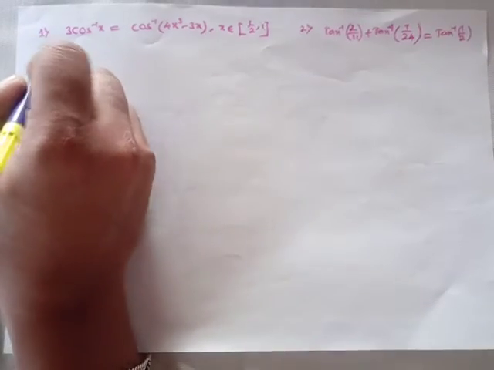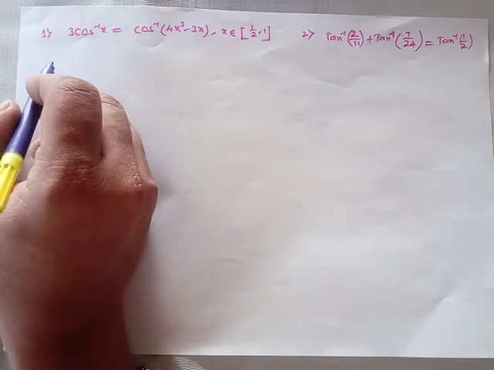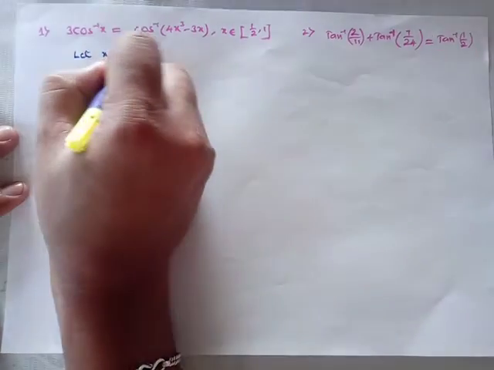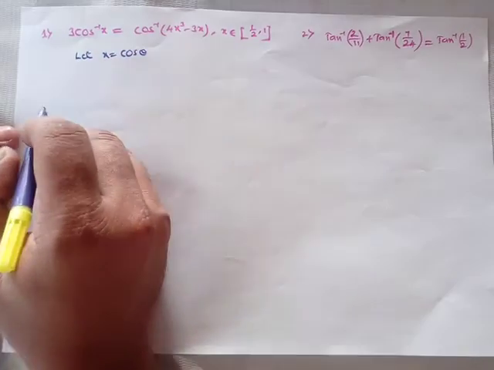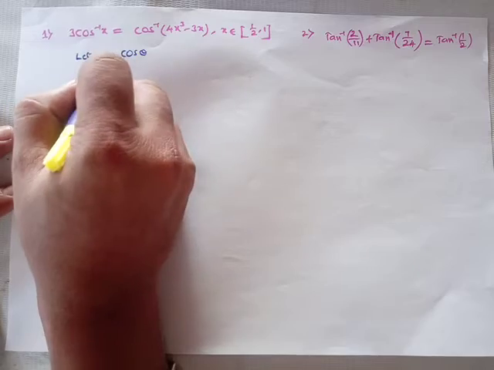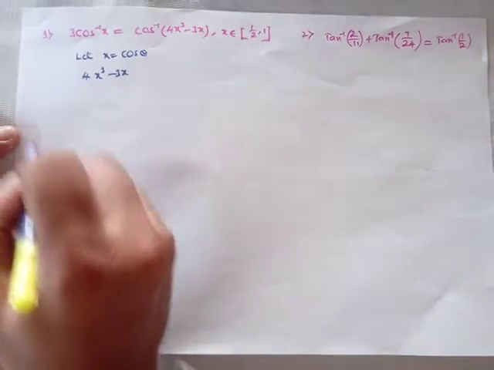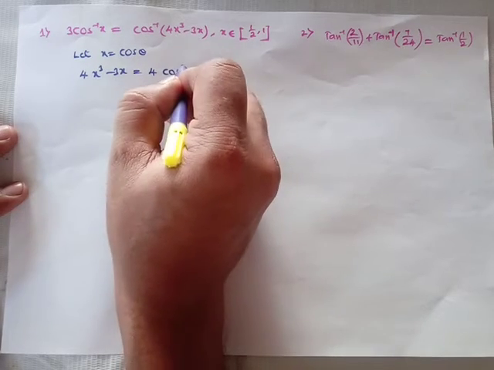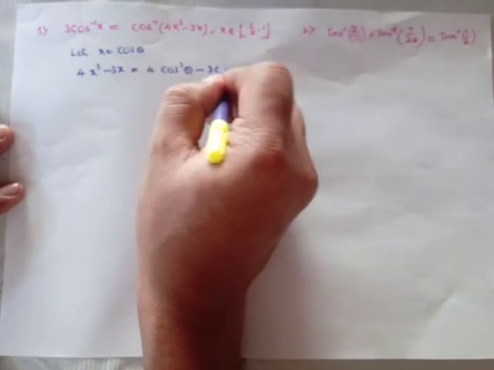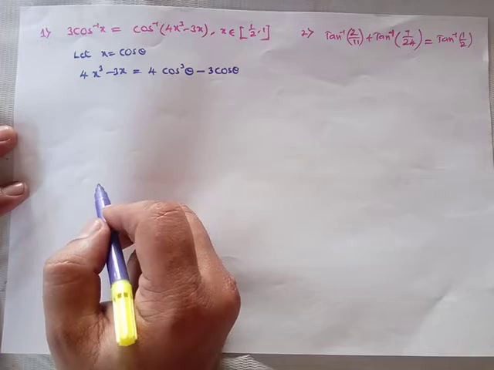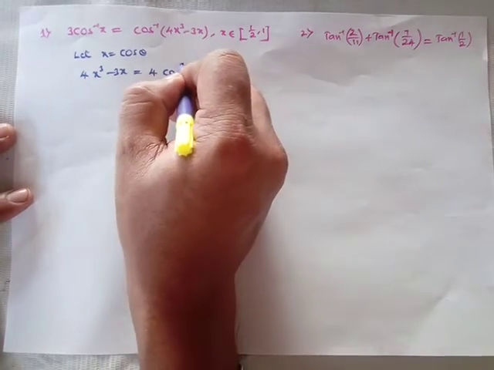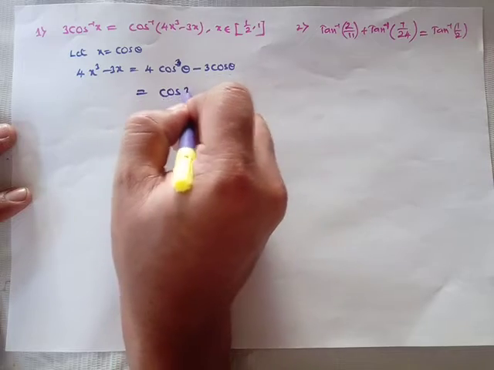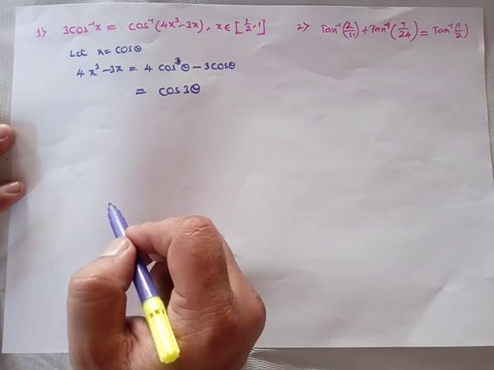Now we'll see. We are considering x is equal to cos theta, then 4x cube minus 3x is equal to 4 cos cube theta minus 3 cos theta. This total value will give you cos 3 theta.